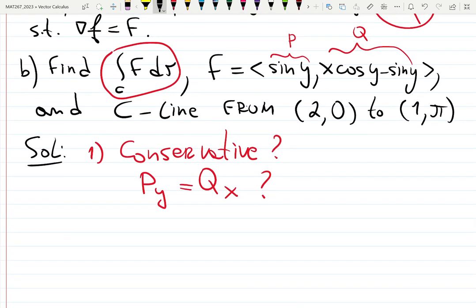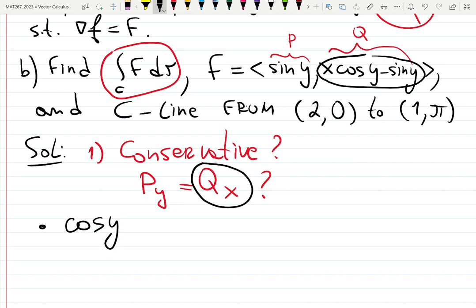Let's check. So I'm first differentiating second component, Q. Usually people start with this one because of the Green's theorem. So it's a good habit. Second component with respect to X gives you X cosine Y, gives you what?